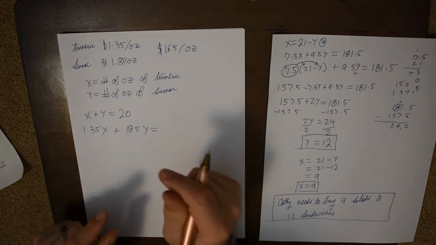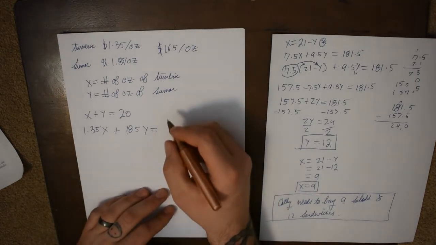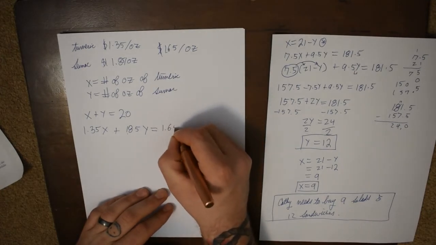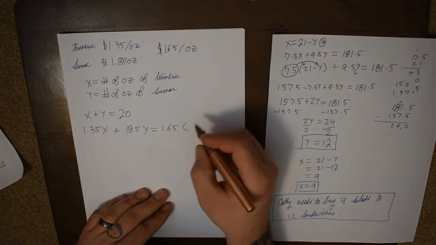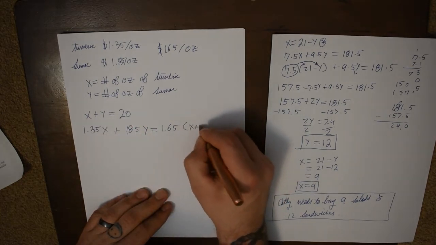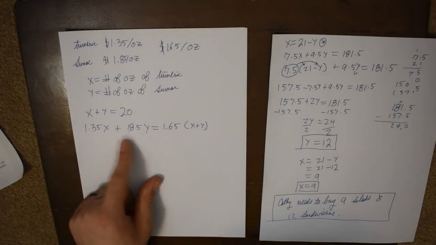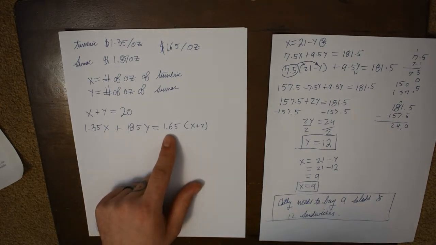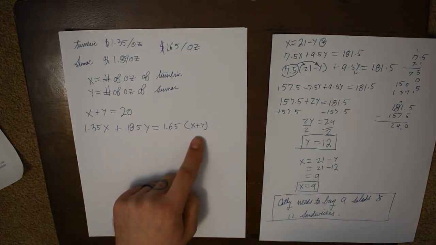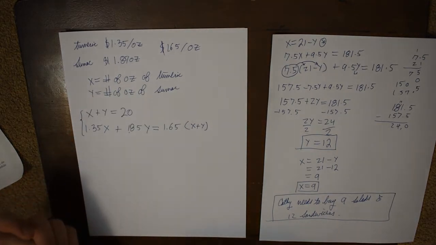But now the total cost is going to be equal to $1.65 times the total number of ounces that we get. You can think of it as x plus y. The amount we pay for turmeric plus the amount we pay for sumac is going to equal the blend times the total mixture, how many ounces we're putting in there. So this can be our system of equations.